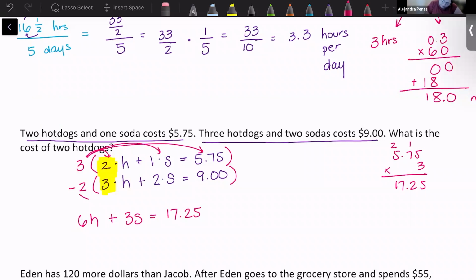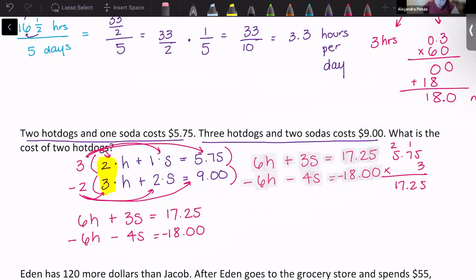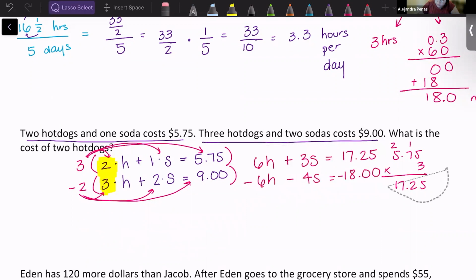At the bottom, again, we're just going to distribute. So I'll have -6h minus 4s equals -18. Everybody okay with me up until this point? Yes. Awesome.